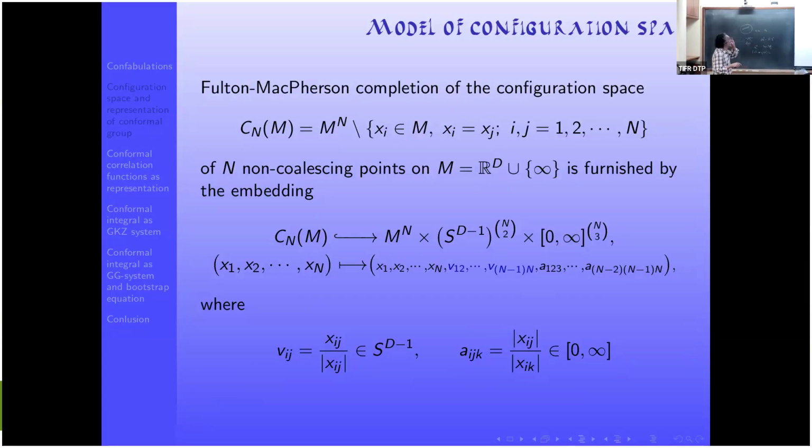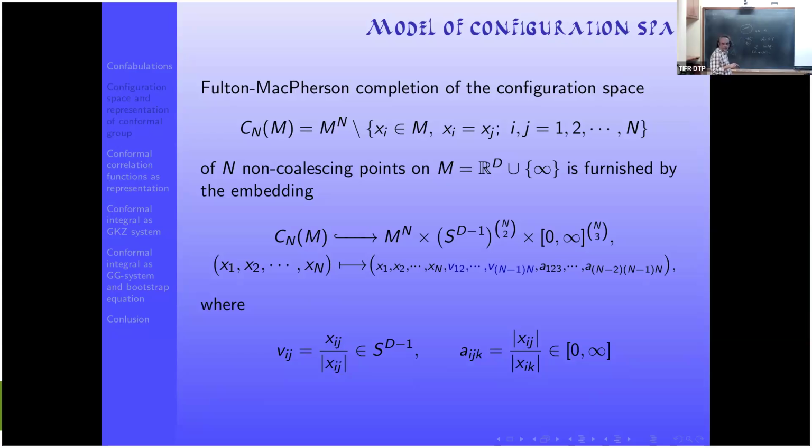That's Fulton-MacPherson. So this is the configuration space, where you have M to the power n marked points here, and delete, as you say, the points which are pairwise equal. Right? So this is a badly singular space. These are n non-coalescing points on this.